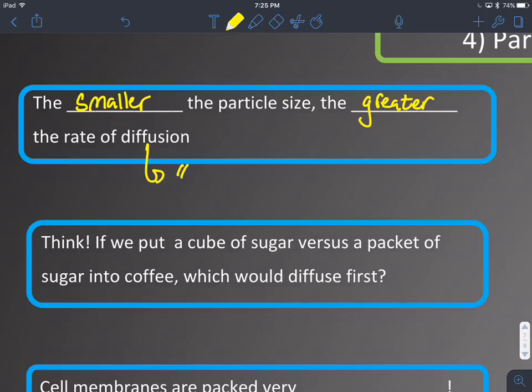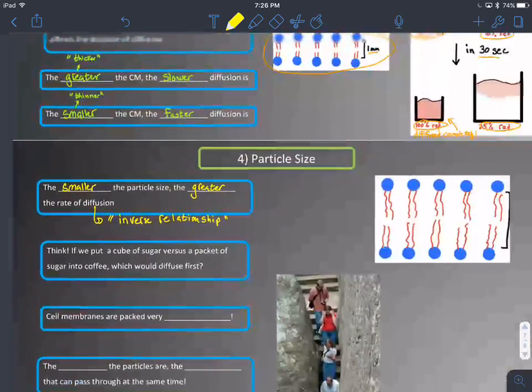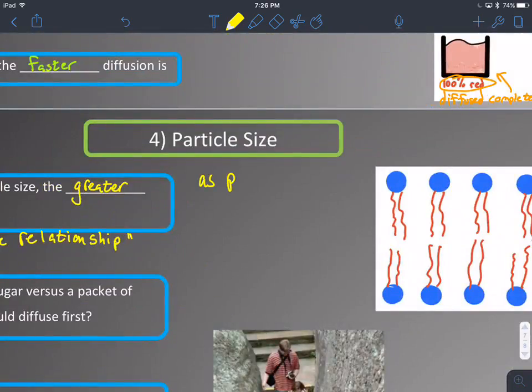And so this once again is an inverse relationship, where as particle size increases, the rate of diffusion decreases.